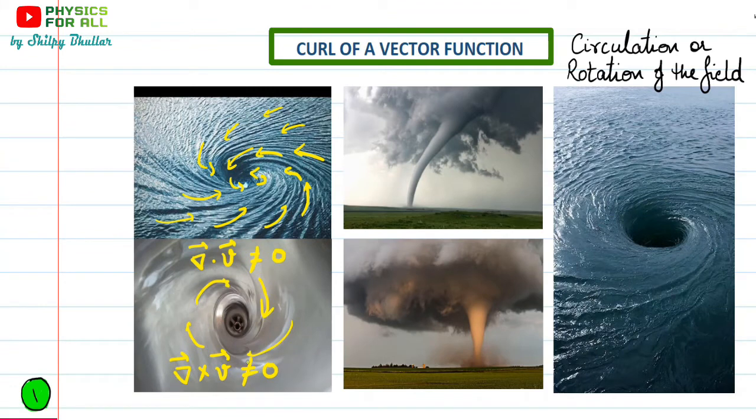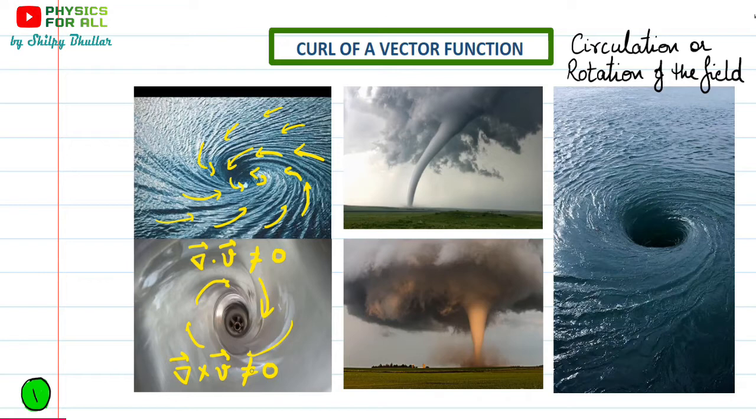So this also shows us that the vector function is curling as well. So the curl here is again non-zero. We can find examples where we have both divergence and curl happening, or sometimes only the divergence, sometimes only the curl, or sometimes both.